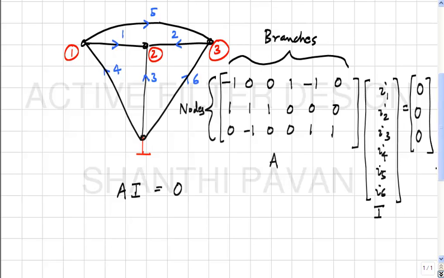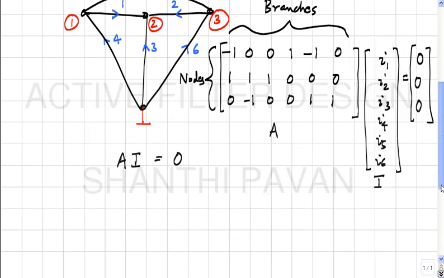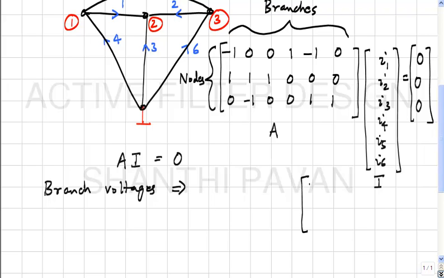If you know the node potentials, how would you find the branch potentials? You need to figure out where the branch starts and where it ends and subtract those two particular node potentials, correct? So the branch voltages are nothing but, if I gave you the node voltages V1, V2 and V3, how will I find the branch voltages?